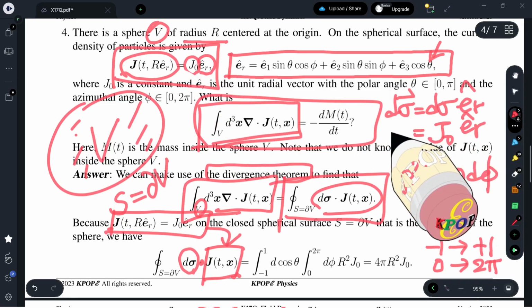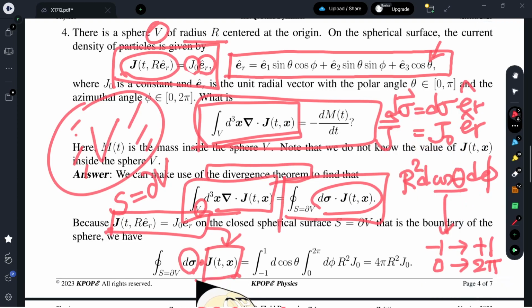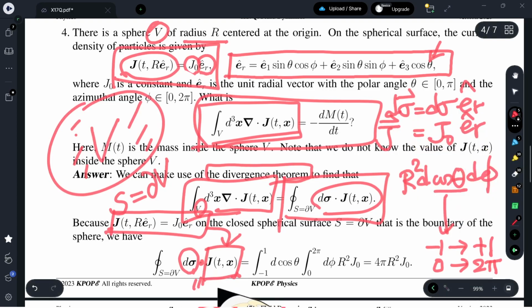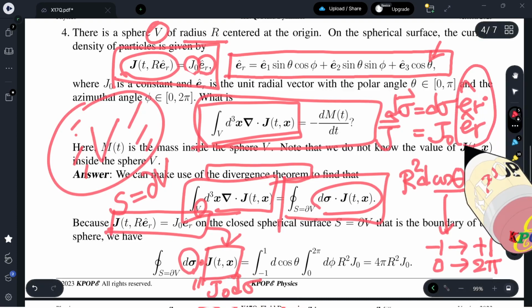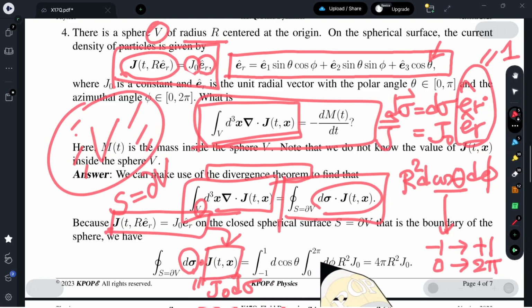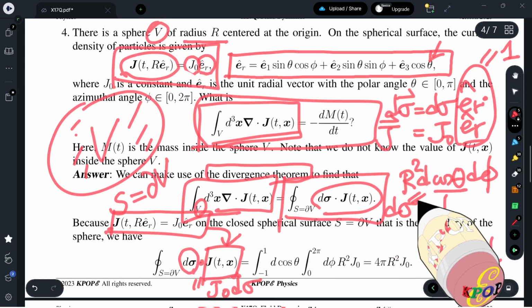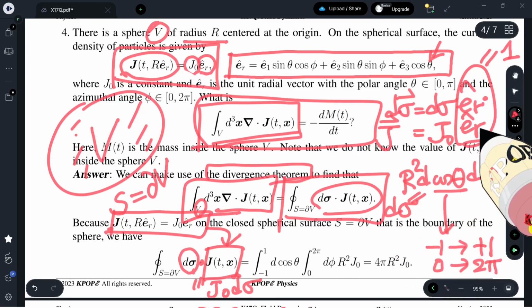As a result, the scalar product is nothing but J0 d sigma, and the directional factor in this scalar product is nothing but 1. So this is d sigma, and we don't have to worry about the direction anymore.